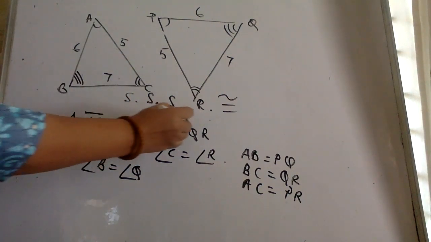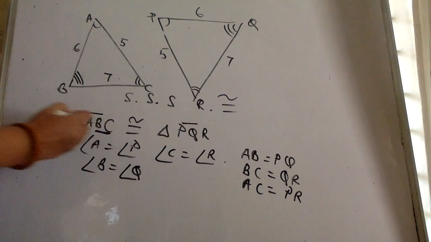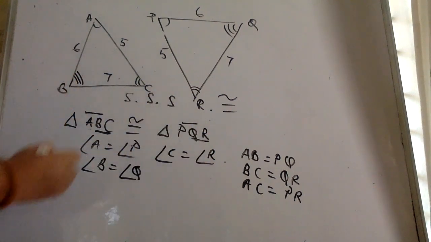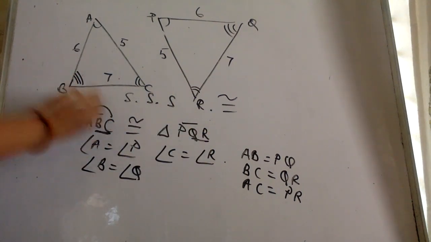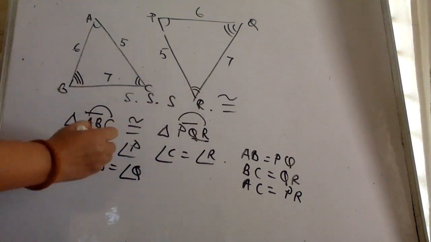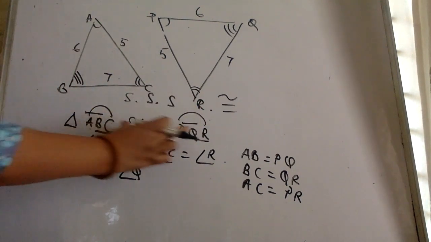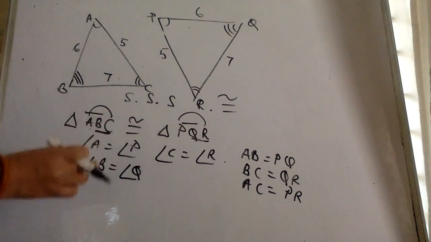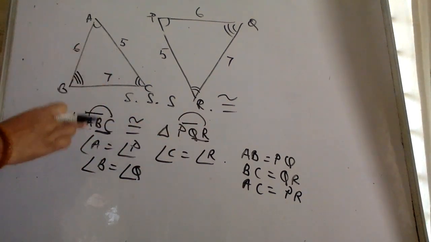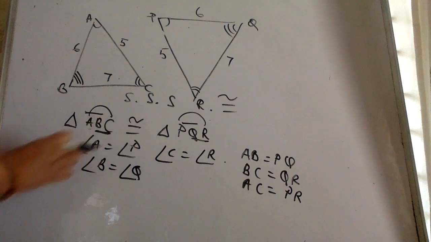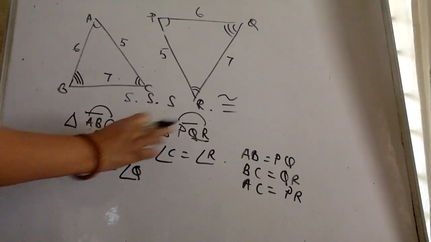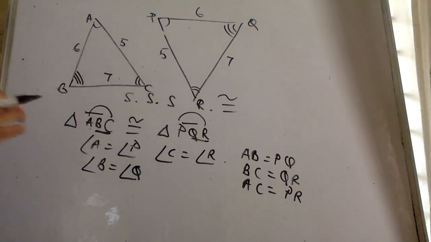AB is equal to PQ, BC is equal to QR, and AC is equal to PR. So this is how I get my names. So the meaning of writing in this condition with the congruence sign declares that these are the equal angles as I have written here, and these are the equal sides. Okay. So we'll take up the next test.